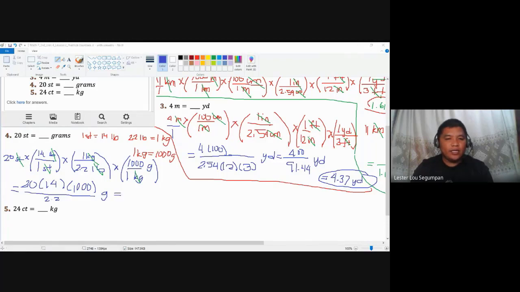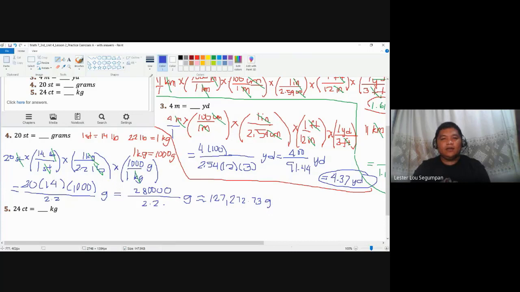So that's 280,000 divided by 2.2. You have approximately, in two decimal places, 127,272.73, because this is a non-terminating 727272 rounded off to two decimal places.